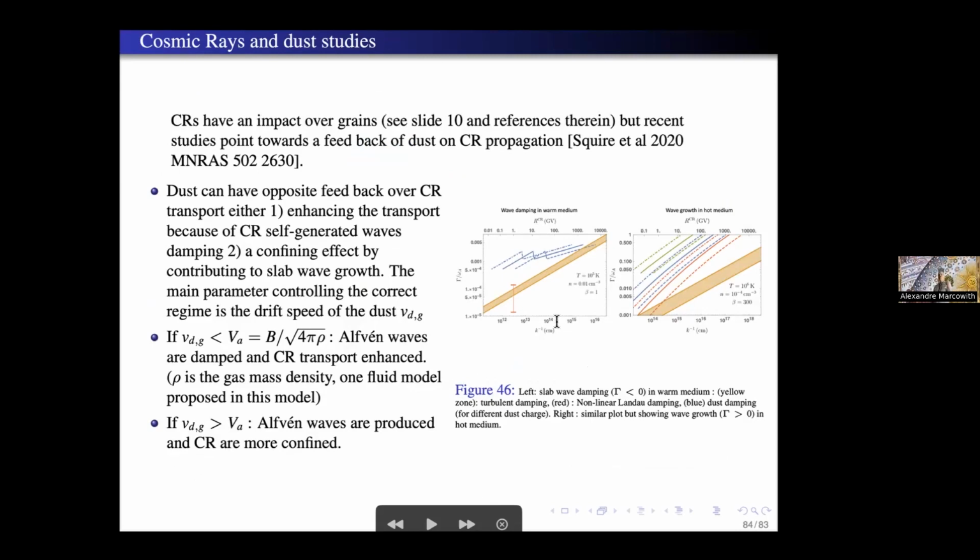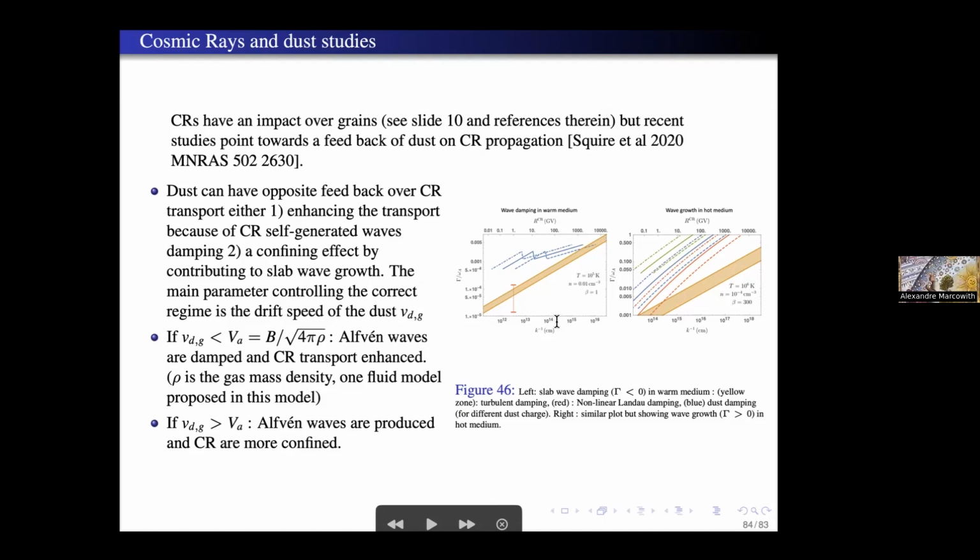This is new work in a very nice paper by Jonathan Squire, which shows that dust can either enhance the cosmic ray transport, that is, produce less confinement, or produce more confinement, depending on the drift speed of the dust, whether it's smaller or larger than the Alfvén speed. You can have very different effects, and this is because they have an impact on the Alfvén waves.